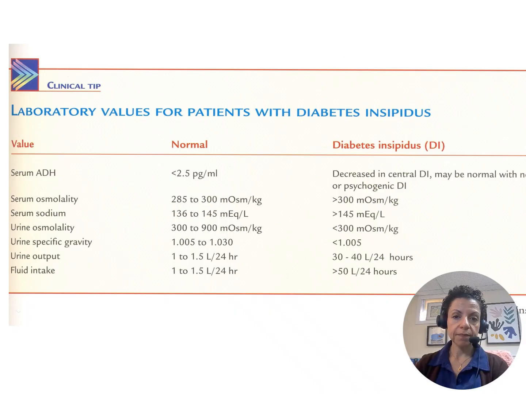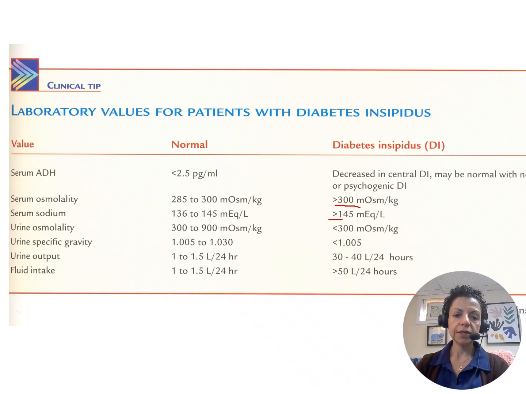Serum osmolarity is going to be very high, because you are not able to retain any water. So you're going to have hyperosmolar blood. Serum sodium is also going to be high because you lack that water.